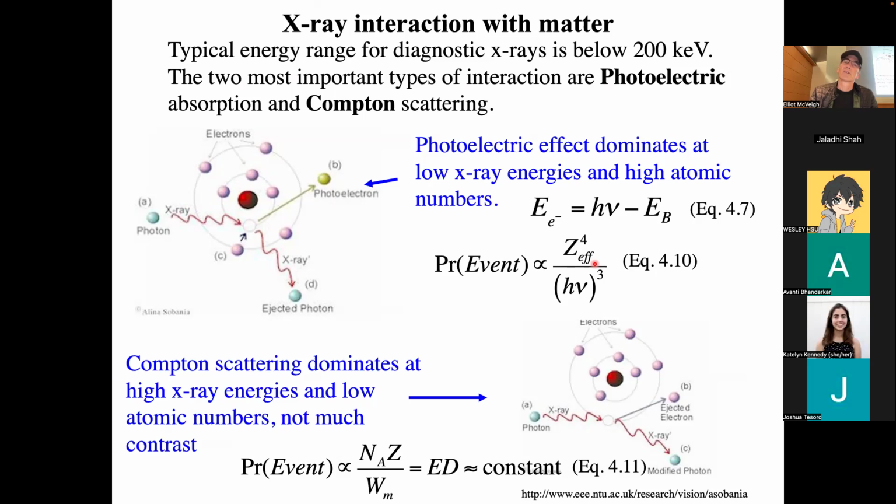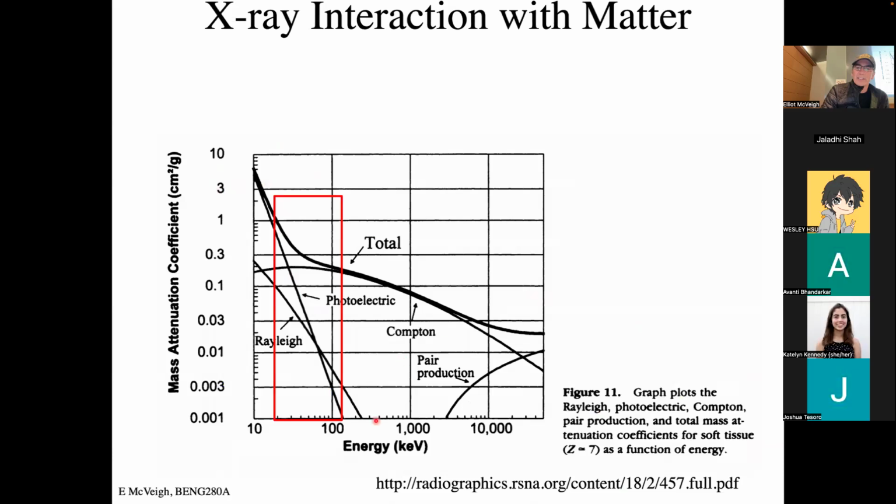Well, the ratio, just the amount of photoelectric events that would occur for a low atomic number material versus Compton, and then you go to a high atomic number material, and the photoelectric is going to take off and be the dominant event. Don't get that confused with the energy here, right? That's just the energy of the photon, not the Z of the actual element, right? We'll get to a chart where we have different Z's, actually different elements.